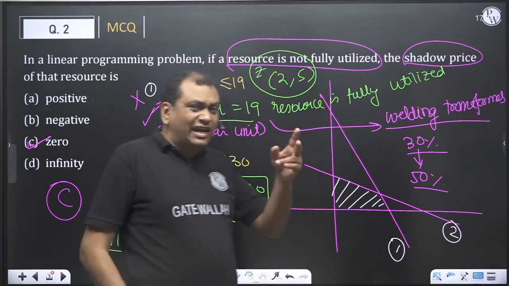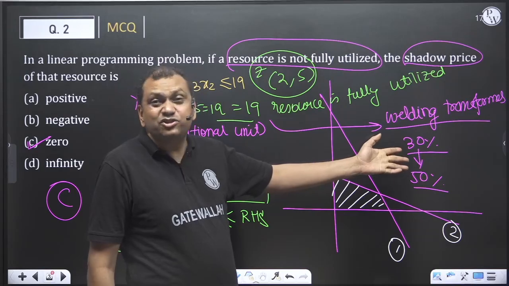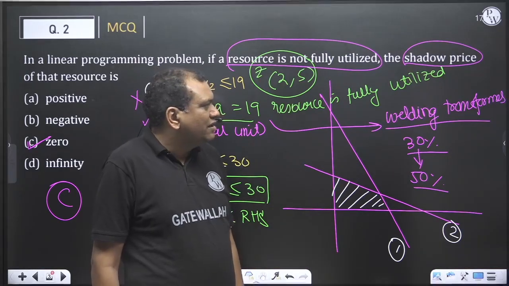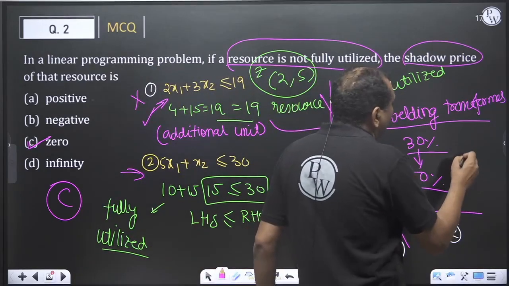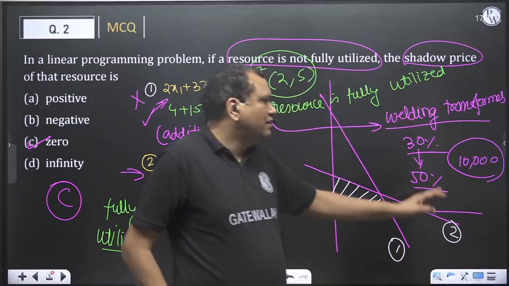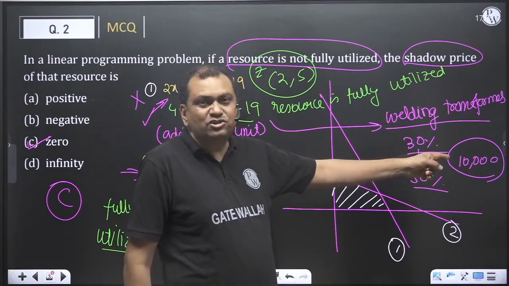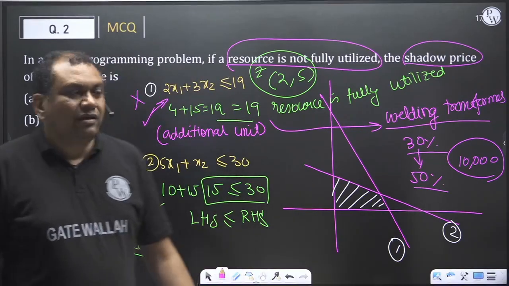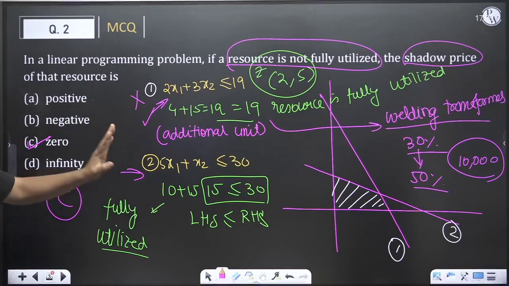In 10 minutes I want to operate for 5 minutes. So certainly the coiling, all these things need to be changed to increase the duty cycle of the transformer. So how much money we have to pay? Let us say 10,000. To increase the capacity of welding transformer, 10,000 needs to be paid. This is called shadow price. So for resource not fully utilized, shadow price is 0.